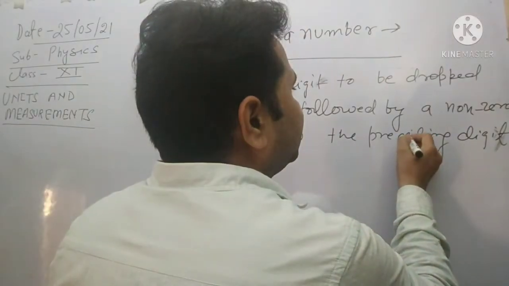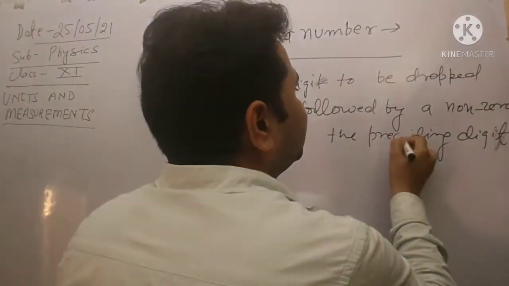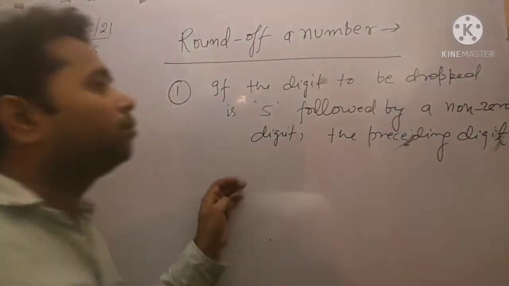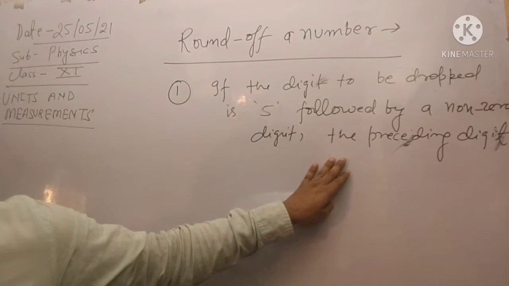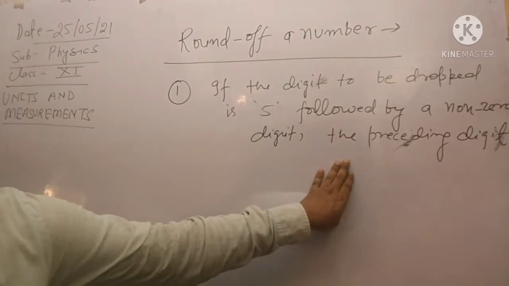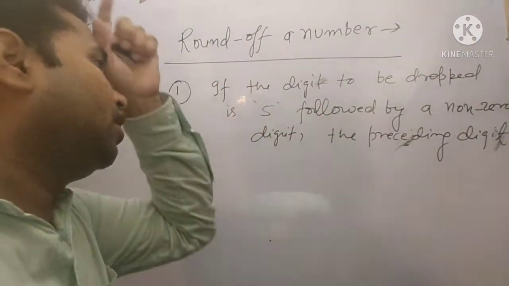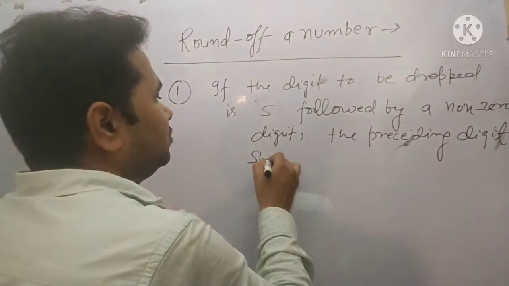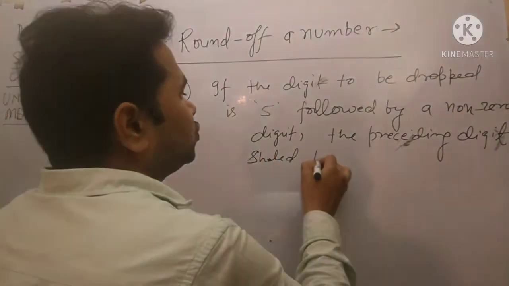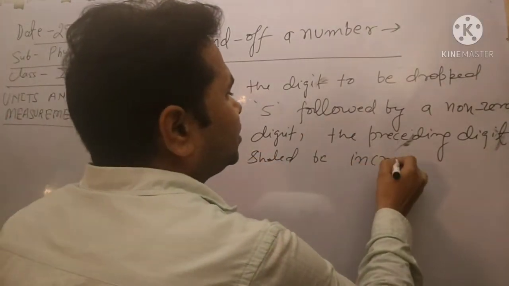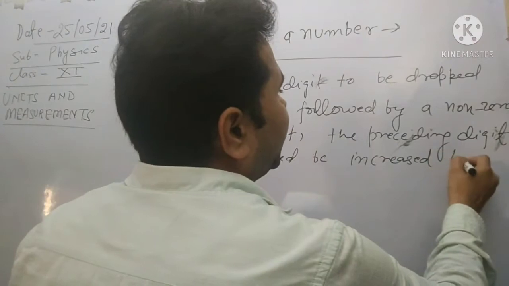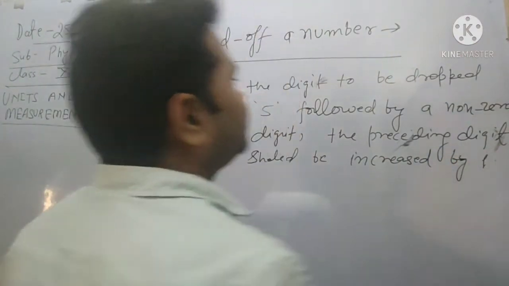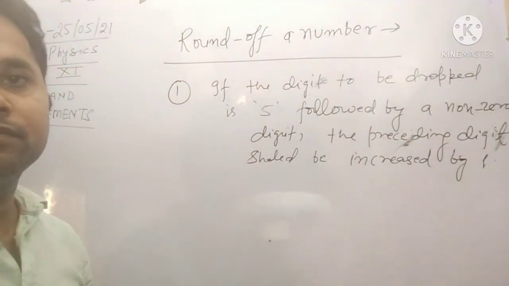Then the preceding digit should be increased by 1. This is the rule. क्या रूल है?